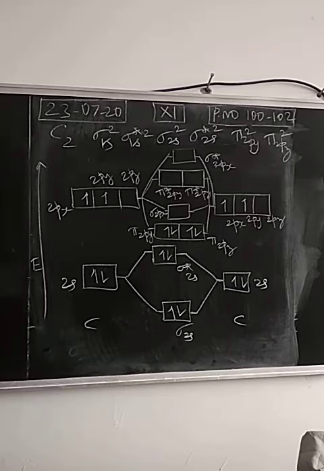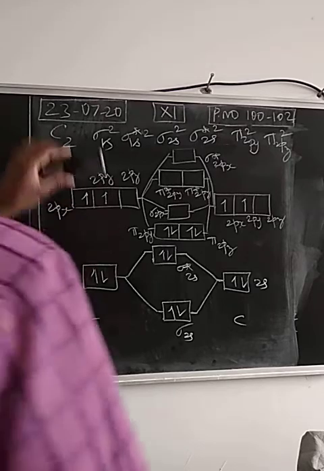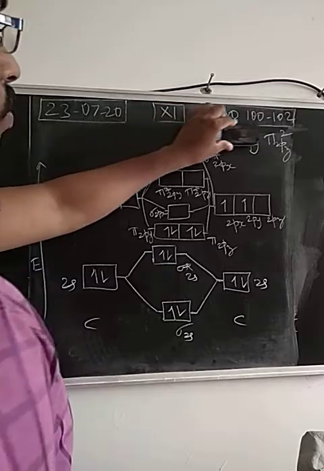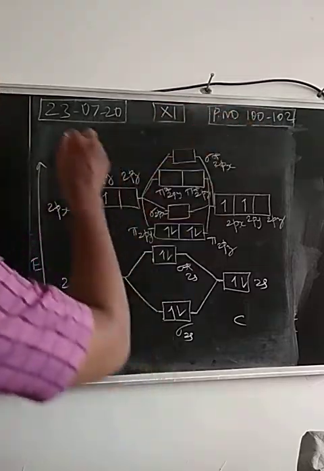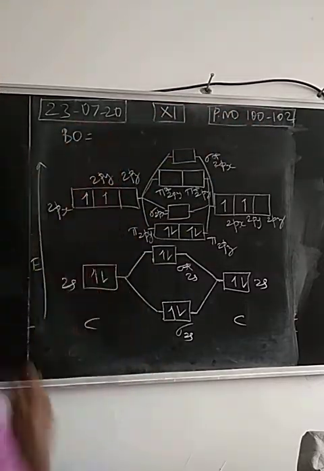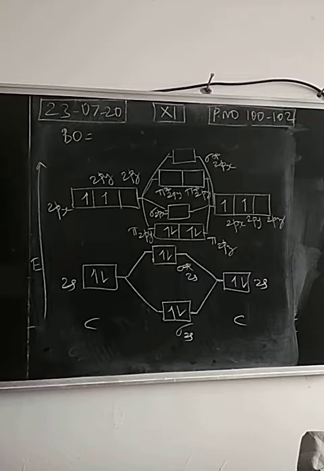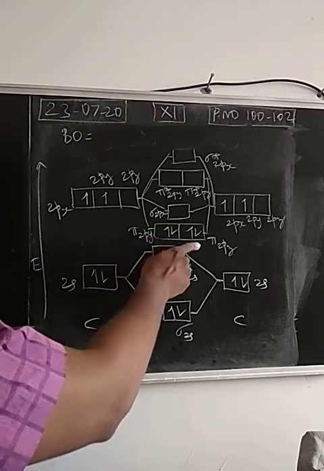Then you can calculate the bond order value. Bond order is equal to Nb minus Na by 2: the number of electrons in bonding molecular orbitals minus the number of electrons in anti-bonding molecular orbitals, divided by 2. Totally how many electrons are present in bonding molecular orbitals? 2 plus 2, 4, plus 2, 6.